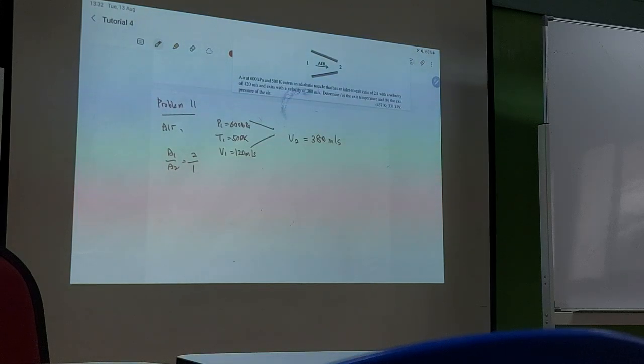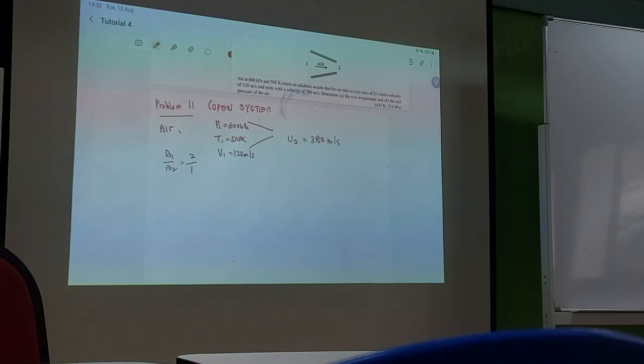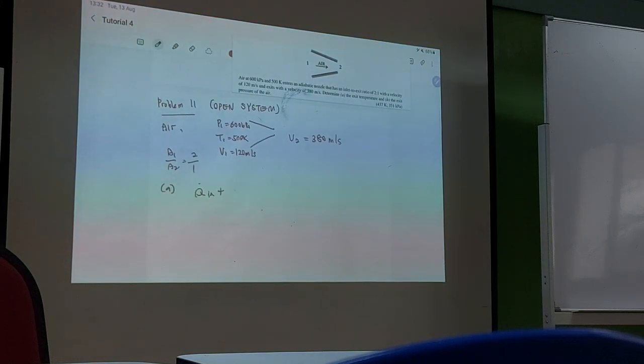So here we are dealing with an open system. Again, very straightforward. For an open system, the first thing you do is write this entire thing.